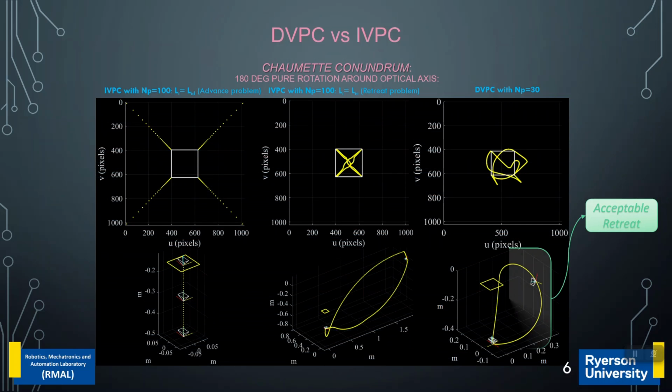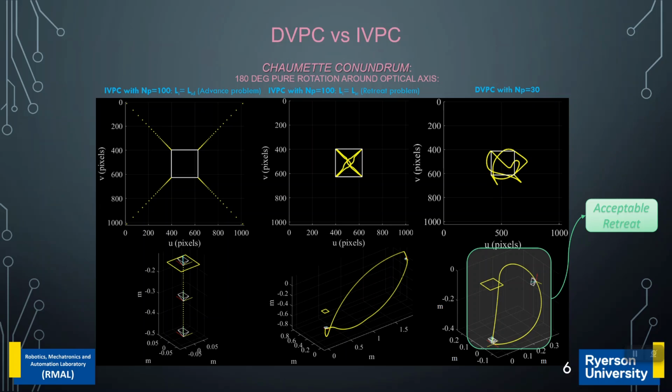As was mentioned before, one of the issues in IBVS and also in its predictive equivalent, IVPC, is the camera retreat or advance problem. These issues emerge when there is a large amount of pure rotation around the optical axis.